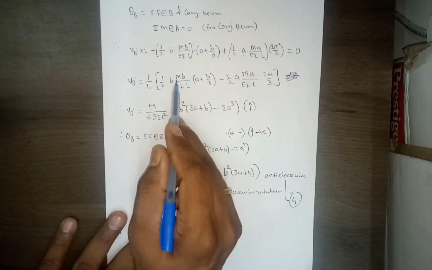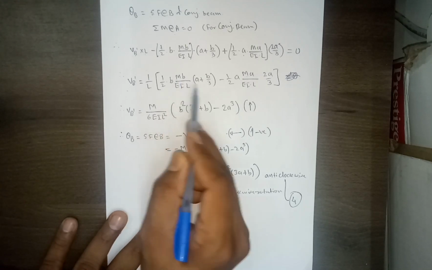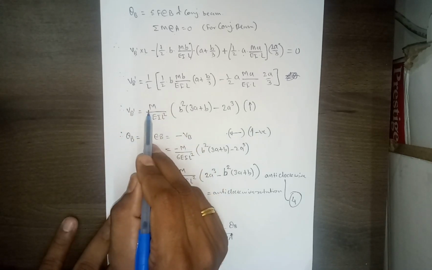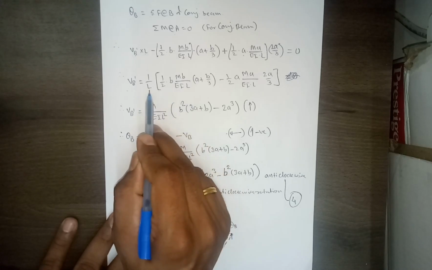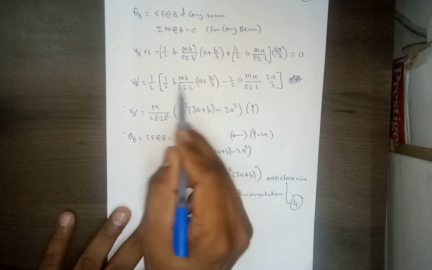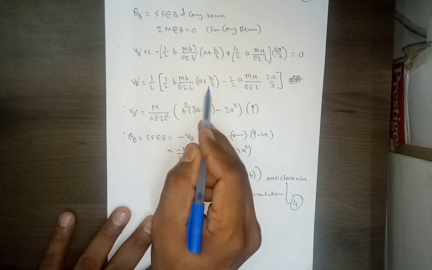Again we can bring out this M, E, I, L and 3 multiplied by 6 outside. So M over 6 EI L square. This L and this L become L square. Now to take this 3 outside, we have to multiply by 3 here and then divide by 3.